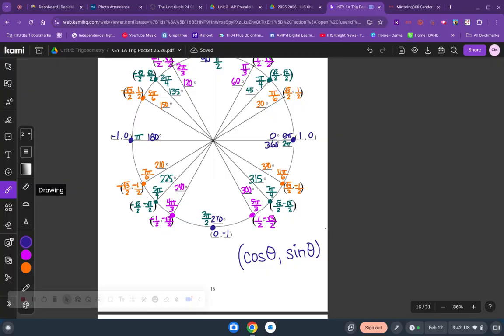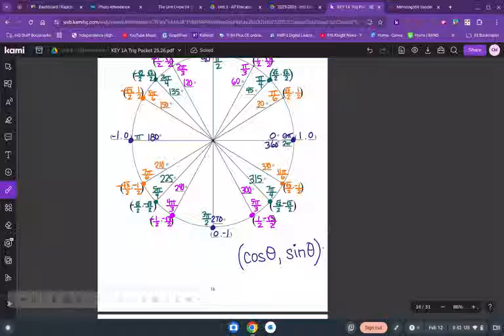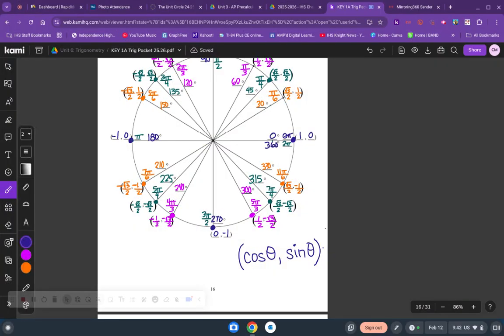So if I'm asked, for instance, what is the cosine at 45 degrees? What is the cosine at pi over 4?